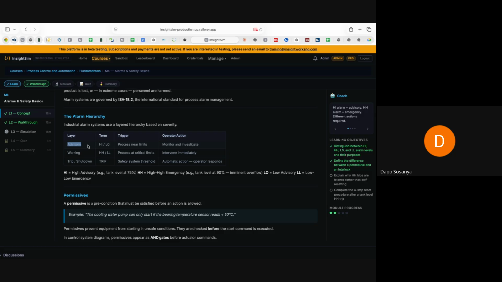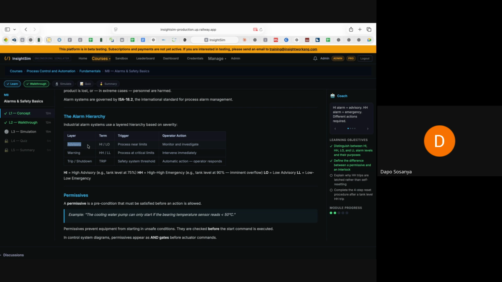So the function of an alarm: the operator or the process engineer will set a limit. You can say, okay, I want to know when the level in this tank gets to maybe 20%, so that will constitute the low alarm. And then when it gets to 80% or even 70%, that will be the high alarm, meaning that between 20 and 70% is what we regard as the normal operation.